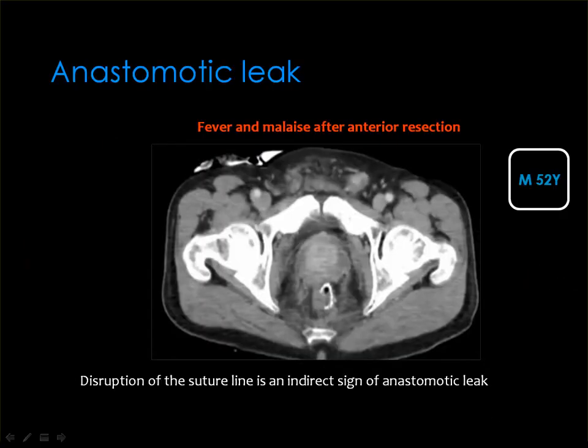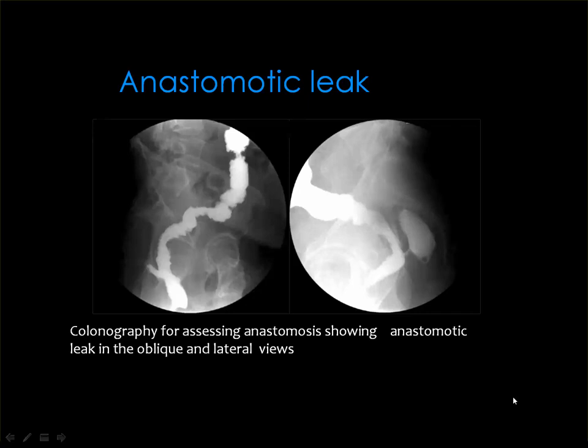Some of the literature considers disruption of the suture line a sign of anastomotic leak. But you can see this leak very nicely by injecting contrast material, let us say gastrografin.